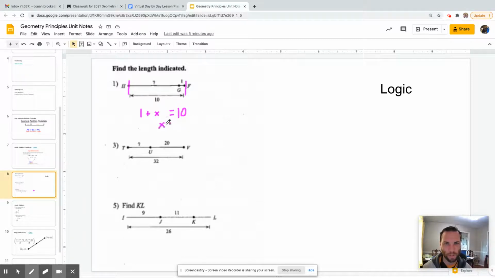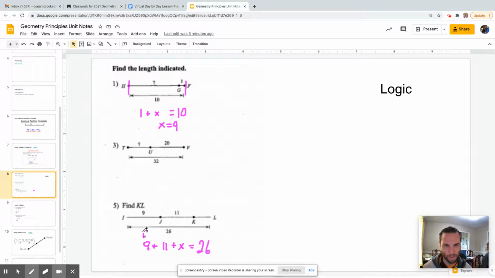And so you can reason that the unknown segment is 9, right? And then this one, this is 9 and this is 11 and the total is 26. So 9 plus 11 plus the unknown is equal to 26.